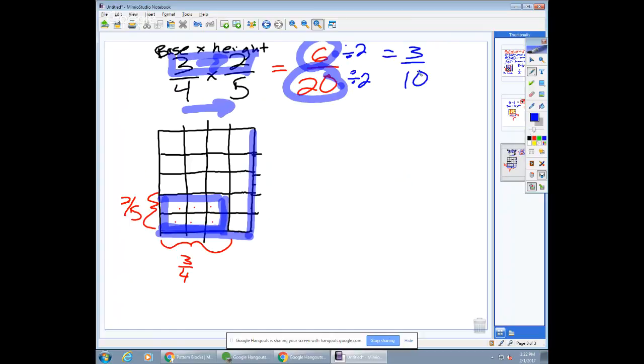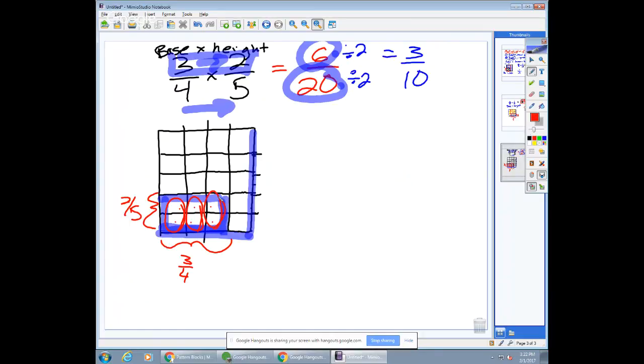Can we get away with groups of 3 here? Or is it going to have to be groups of 2? What do you think? Abby? Groups of 2? Okay. So then we start looking for groups of 2. So 1, 2, there's 3 groups of 2 there.